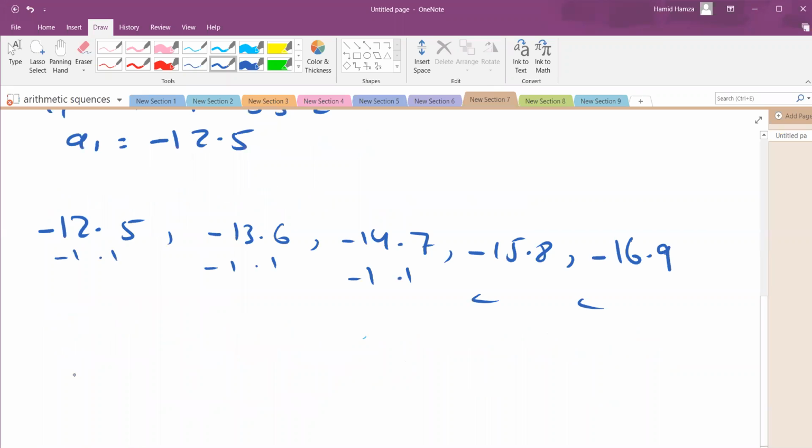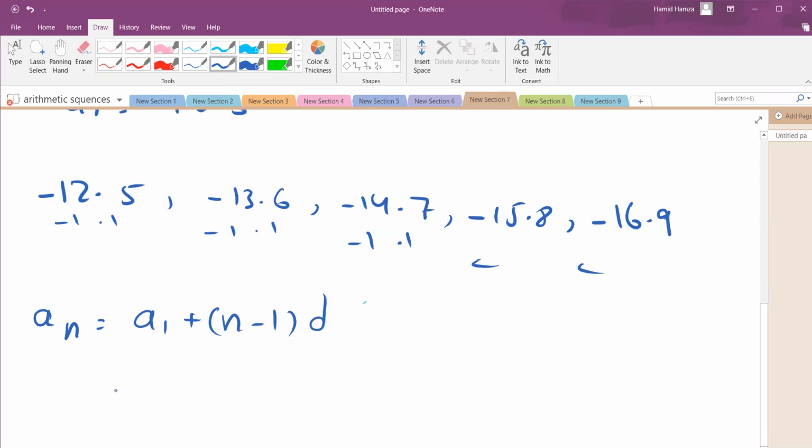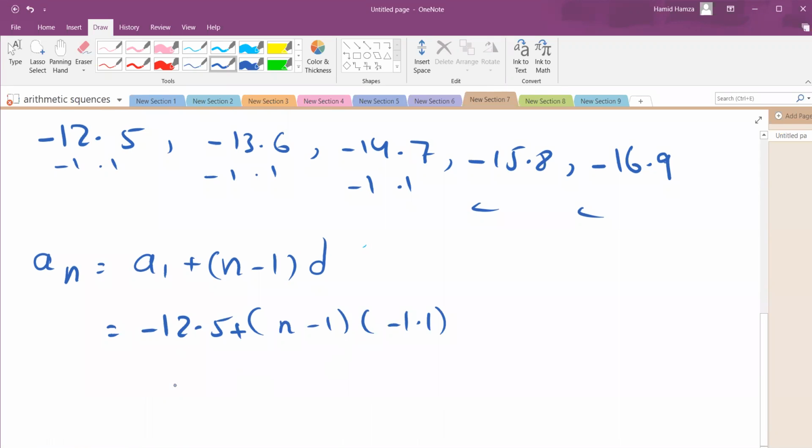The explicit formula is AN equals A1 plus N minus 1 multiplied by D. So A1 is negative 12.5 plus N minus 1 multiplied by D, which is negative 1.1. So I will expand the bracket, so it will be negative 12.5 minus 1.1N plus 1.1.